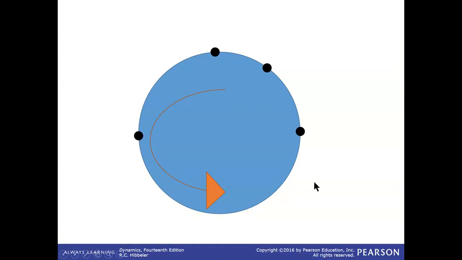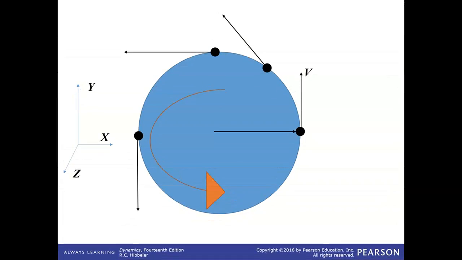Now let's find out the directions of velocity for all these points on this disk if we look at it from the top view and the disk rotates counterclockwise. Again, you can pause and think about it and then proceed further. This arrow indicates the position vector from the center of rotation to the given point.